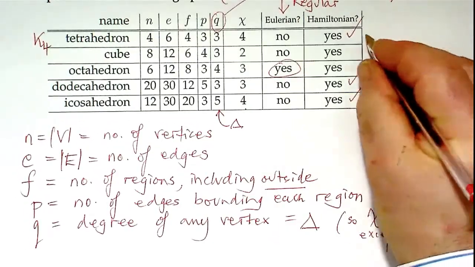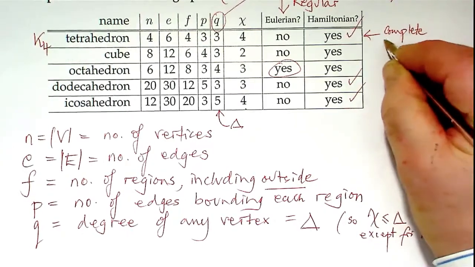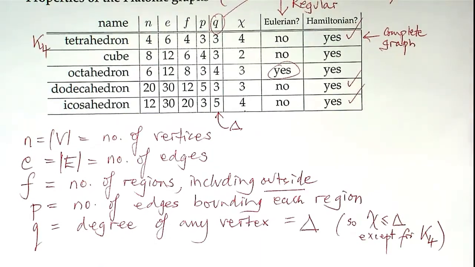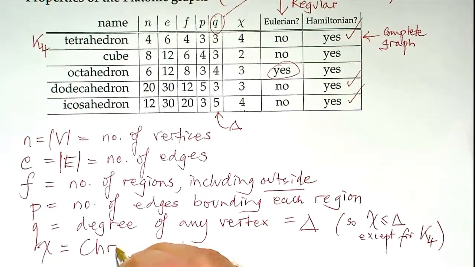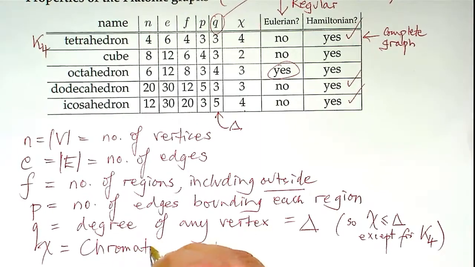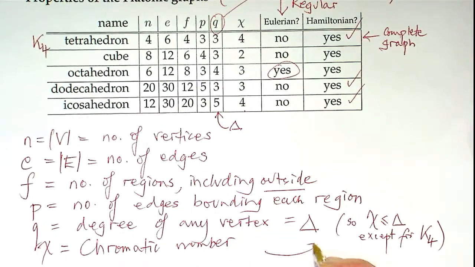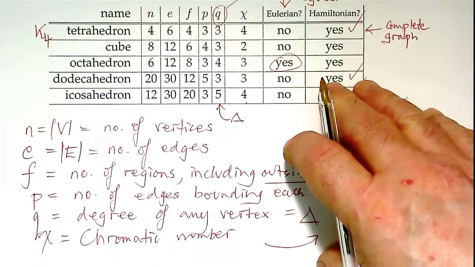Remember, this is a complete graph, so it's exceptional from the point of view of colouring. Chi is the chromatic number, I've assumed you understood that already. And that's the explanation of the table.